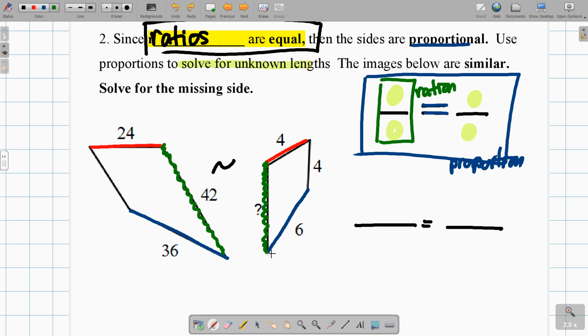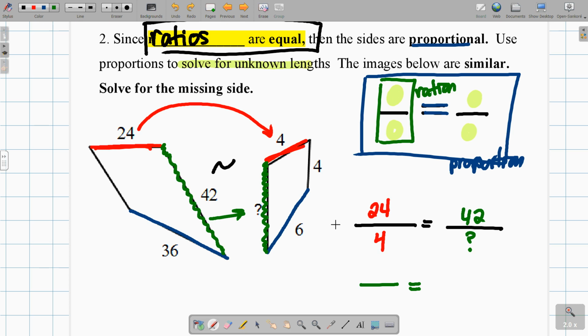Match and mirror. Match and mirror. I match the sides up, and now I'm going to mirror the direction. If I start 24 over 4, then I can go left to right, 42 over unknown.